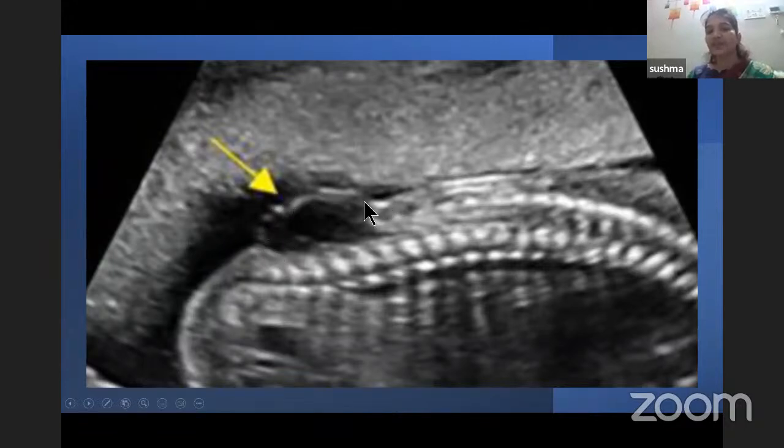In this defect where meninges are seen protruding out, if it is covered by skin, then it is a closed neural tube defect. If it is not covered by skin, then CSF is constantly being leaked out and that pull is seen. So that's why in closed neural tube defects, we cannot get those indirect signs, whereas in open neural tube defects, we get those indirect signs.